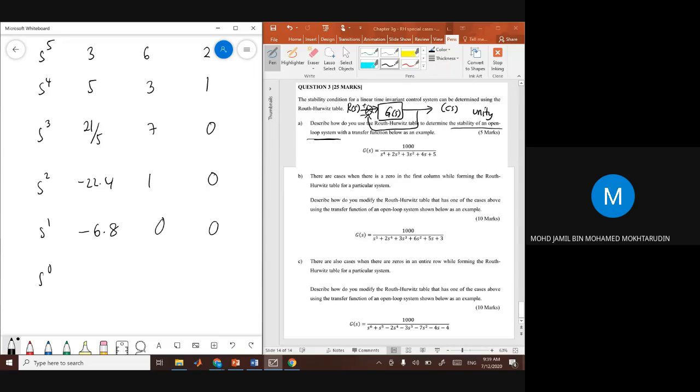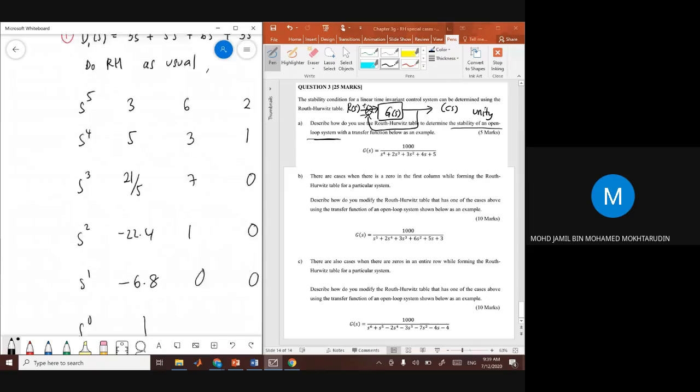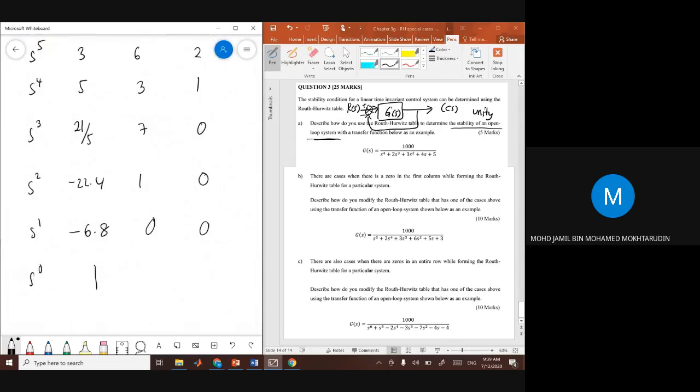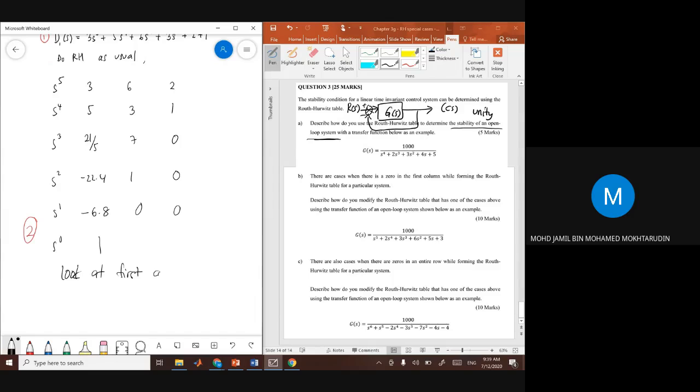Okay, so if you have this table, berapa markah dah? 3, macam tak cukup je. So ni 2 markah. And then look at first column. So there are 2 sign changes.